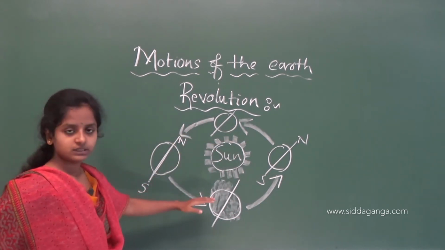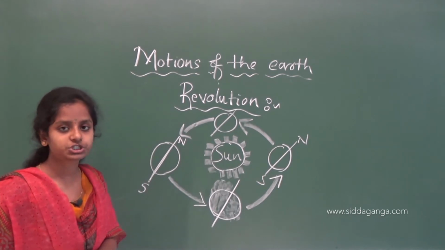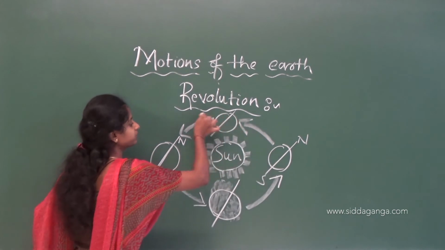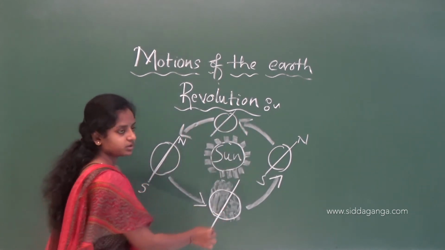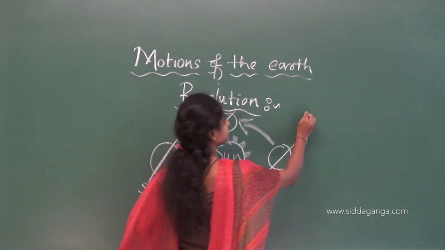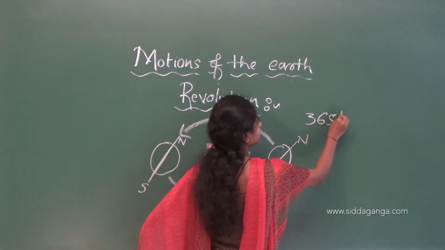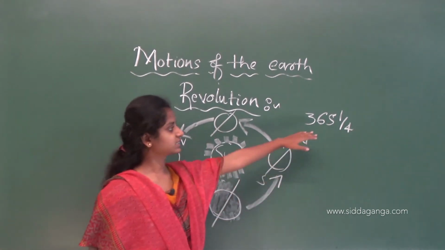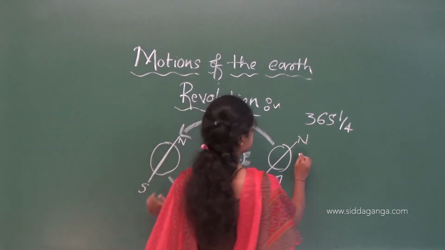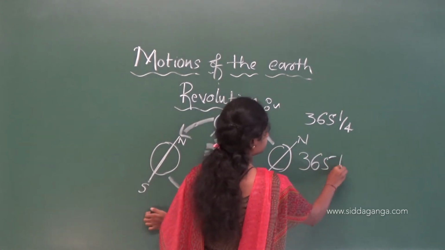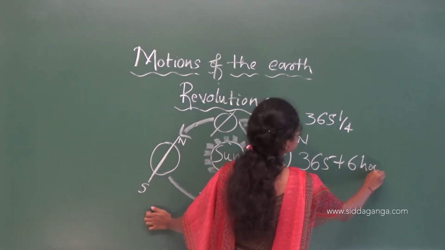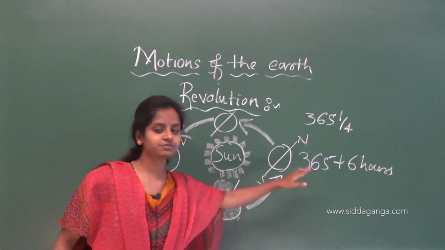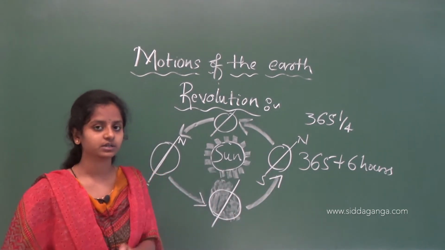This is known as a revolution, and starting from here it will cover, and to come here it will take 365 days and 6 hours, that is 365 days plus 6 hours. So we consider 365 as a year, as 1 year.